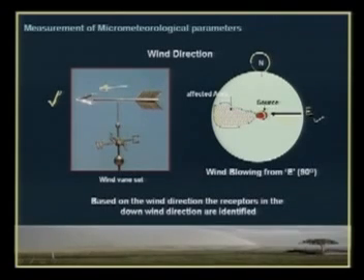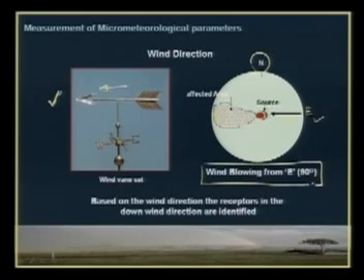What is important to understand here is the wind blowing from east, that is 90 degrees. I will explain the 90 degrees in a moment, but one concept is important, and we will discuss it a little later also. The wind direction is the direction from which the wind is blowing. Sometimes people have an improper concept. They think the direction in which the wind is going is the wind direction. That is not correct.